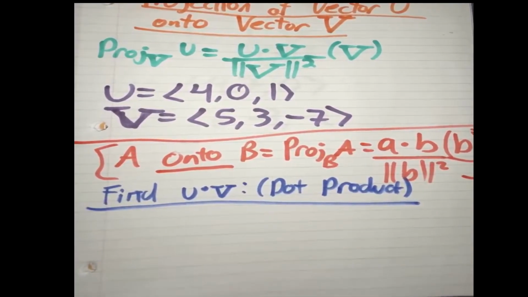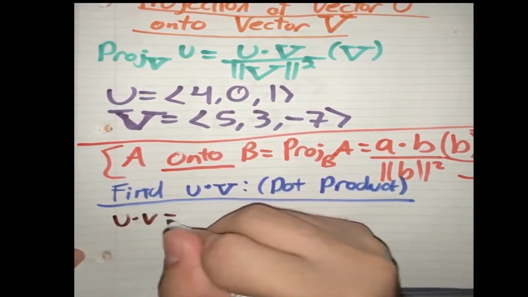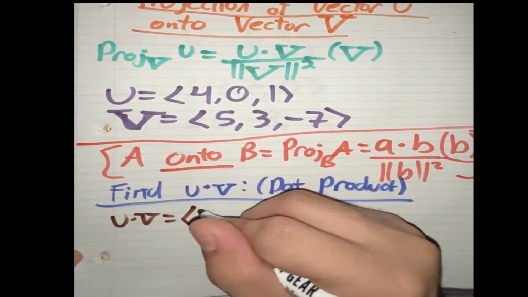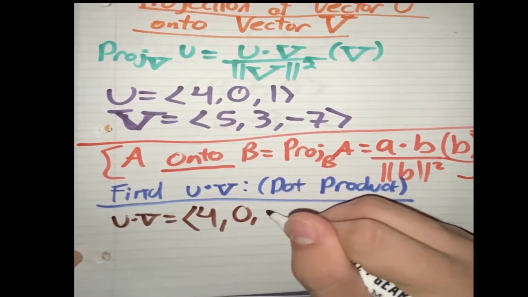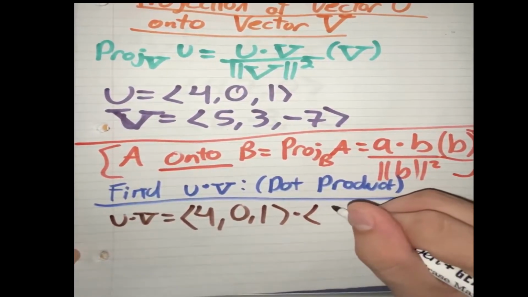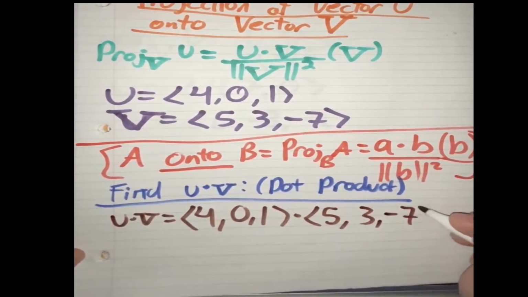Find u dotted with v. Taking the dot product, u dotted with v is equal to 4, 0, 1 dotted with 5, 3, minus 7.